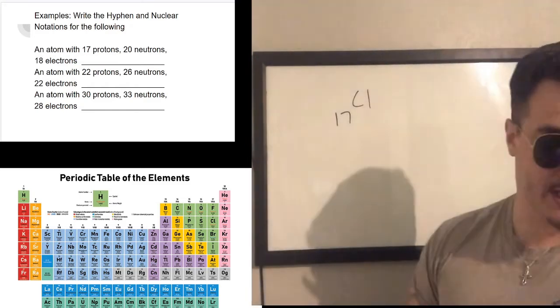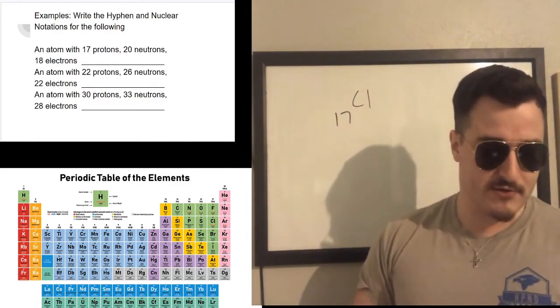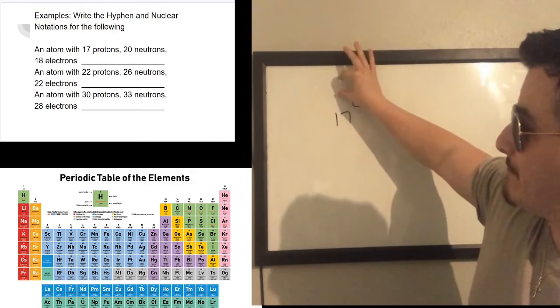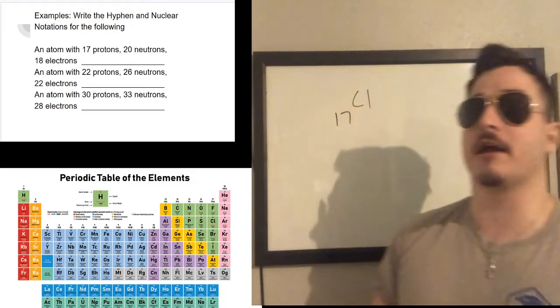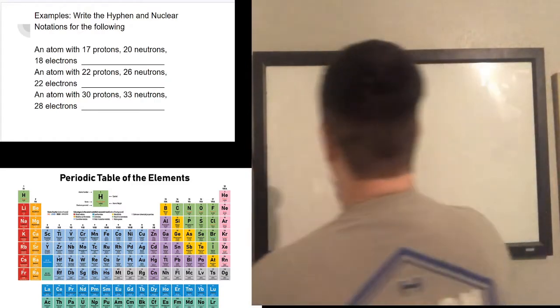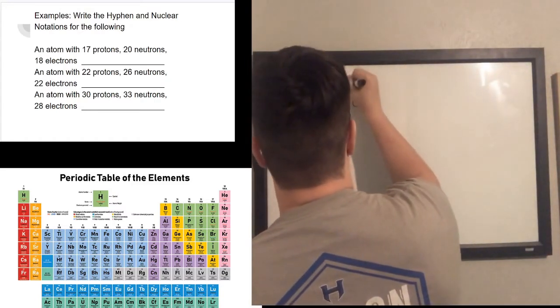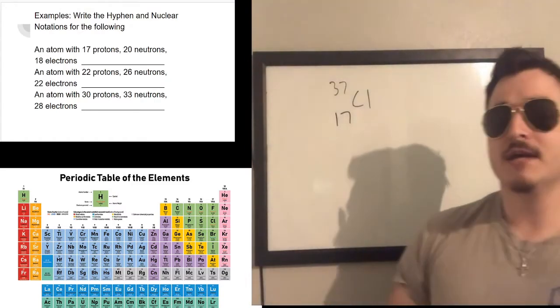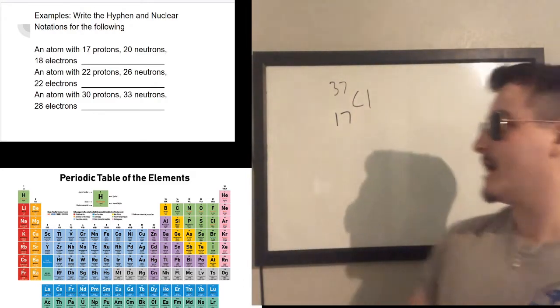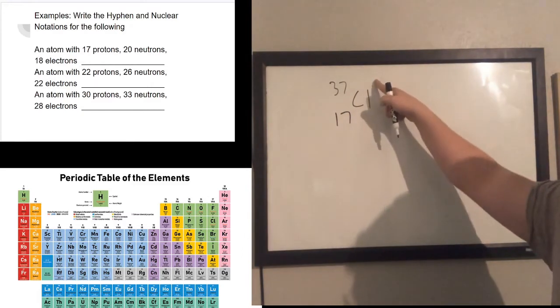So we know what element we're dealing with here. And then it also says that it has 20 neutrons. Well, the larger number, the atomic mass of that atom, is the protons plus the neutrons. So 17 plus 20 is 37 as its atomic mass. Then the last component, if necessary, is the charge. And the charge is going to be located in the top right.